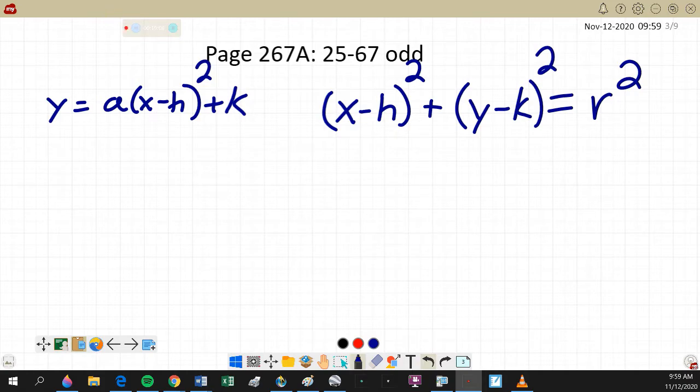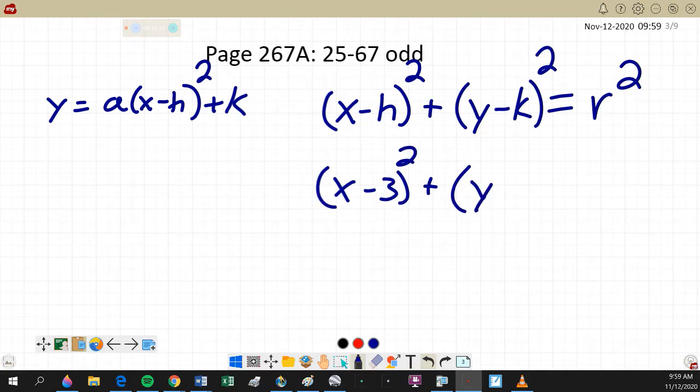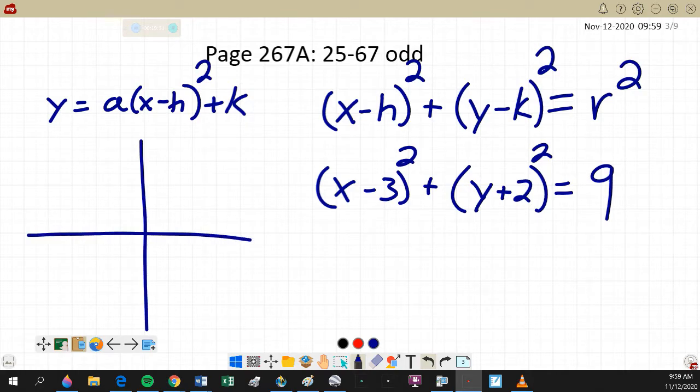Okay, so (h, k) is the vertex of a parabola, and (h, k) is the center of a circle. So if I had (x minus 3) squared, and then (y plus 2) squared equaled 9, that circle is very easy to graph. Anything inside parentheses works backwards.